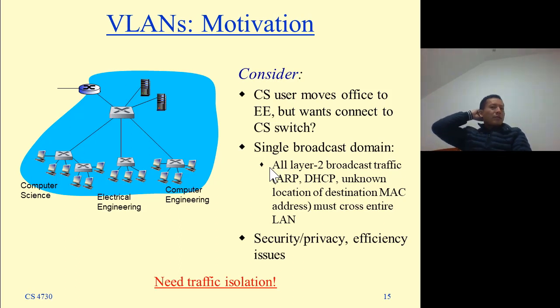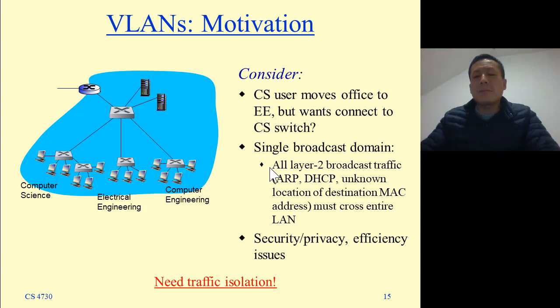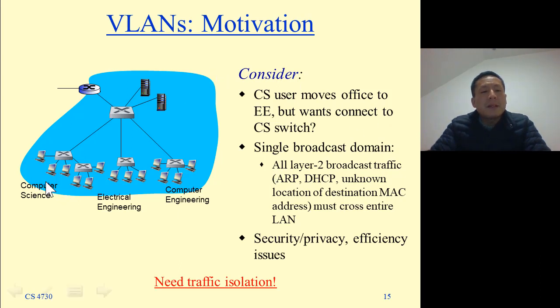So after the LANs, we have the VLAN. The VLAN concept is very important and useful. As shown in this graph, inside the institution network, you may have many departments, like the computer science department, the electrical engineering department, and other departments.